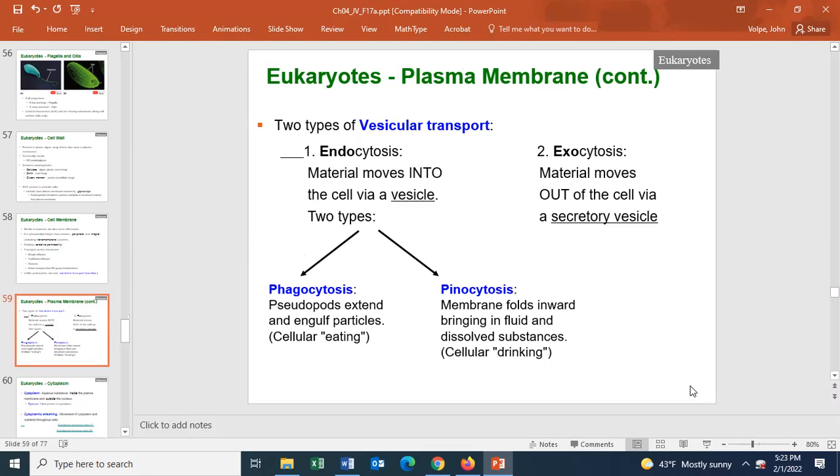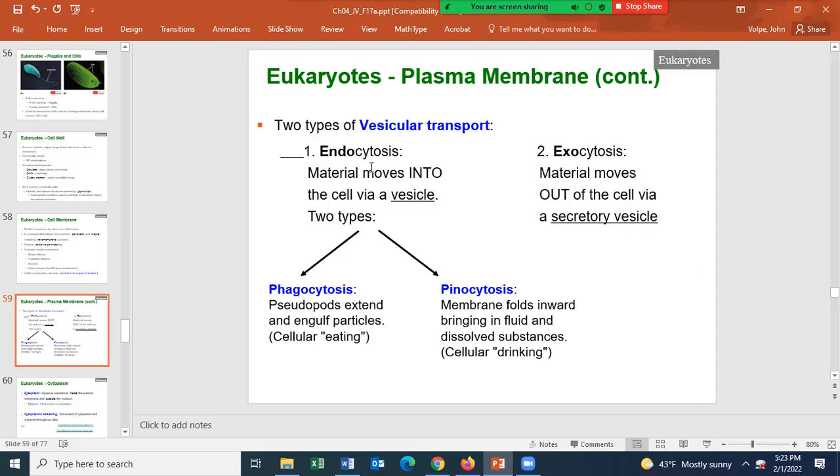A vesicle brings the molecules up to the plasma membrane and then fuses with it, secreting the molecules outside the cell. That's why it's called the secretory vesicle. Okay, any question about any of that?